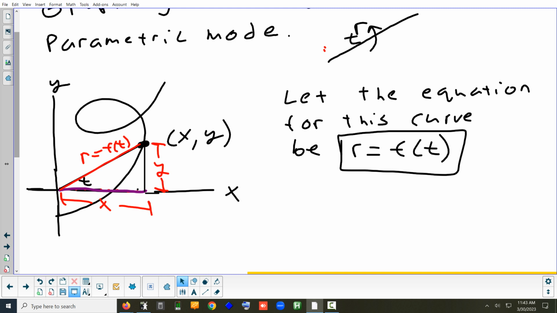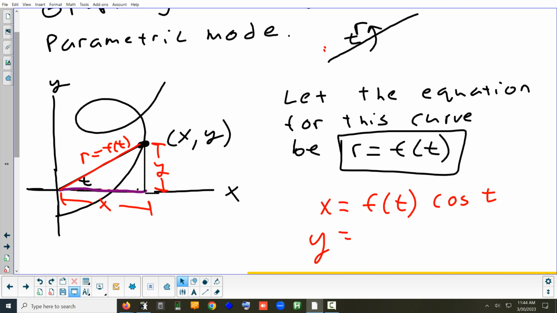What trig function would I use if I want to find x? Well, we would use r cosine theta, but r in this case is equal to f of t. So it's not a fixed value for your radius. You're going to have to calculate your radius each time. And what's the formula we learned for y?